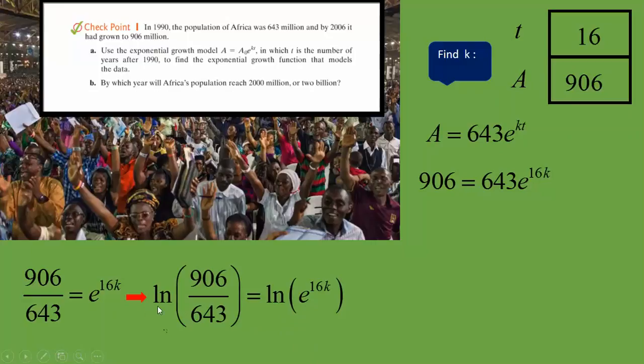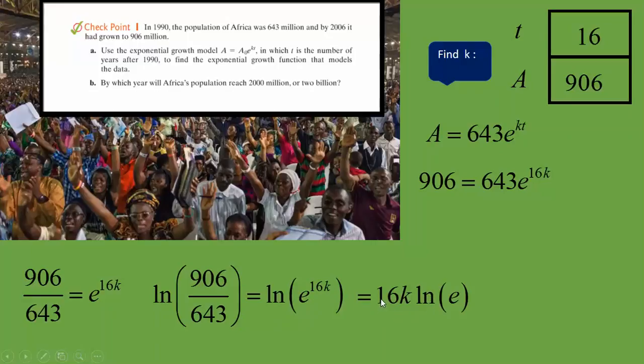So this is natural log of 906 divided by 643 is equal to the natural log of e raised to the 16k power. So now by the power rule, we know that exponents become coefficients, and so what we'll do is we'll move the position of that exponent to 16k, and then we'll multiply it by the natural log that is left behind once that exponent is moved.